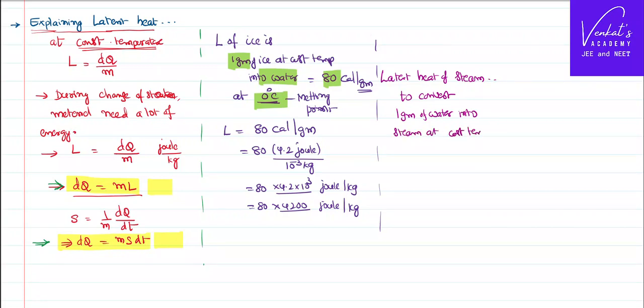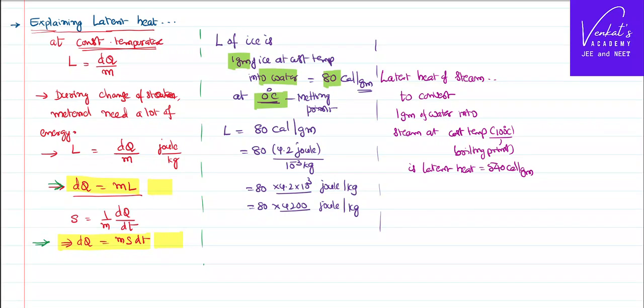Of course, for water, that constant temperature is 100 degrees centigrade. This temperature is also called the boiling point. So latent heat of steam is equal to 540 calorie per gram.